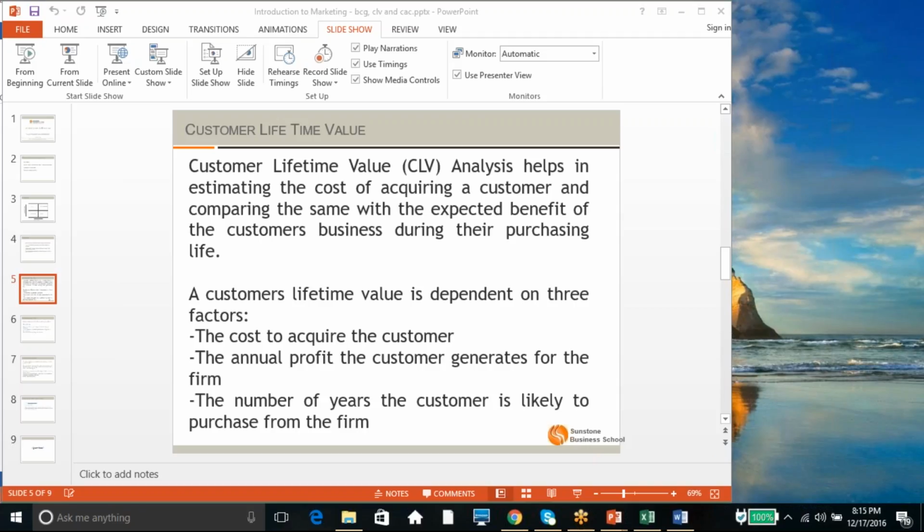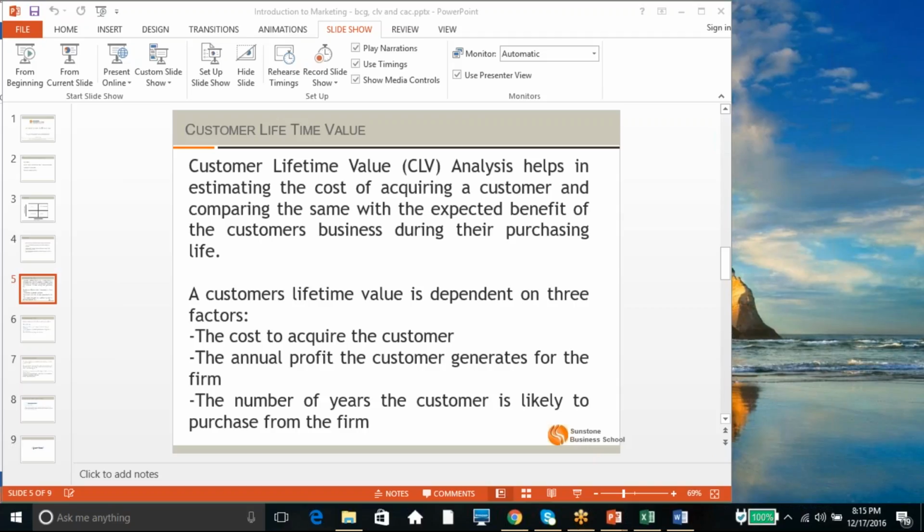If you see here, they have talked about annual profit. So annual profit already includes a certain cost. So therefore, the first is the cost to acquire the customer. The annual profit assumes that there is a cost to retain the customer, and after that there is a profit you are generating.